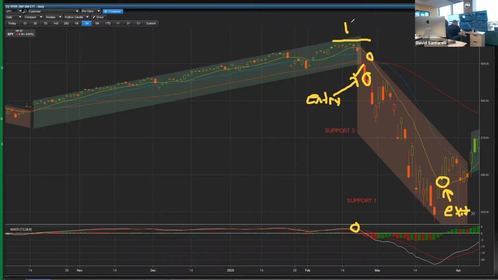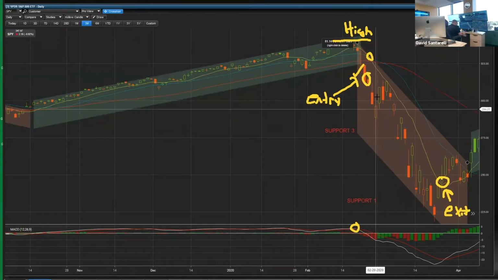Here was the highs on SPY right before coronavirus hit, right? So now you had that big drop for what? From February 26th to March 26th. And you could see that right here. So here is February 26th. That's the day you entered.